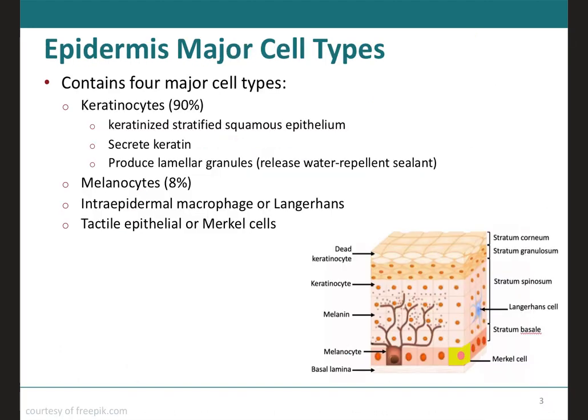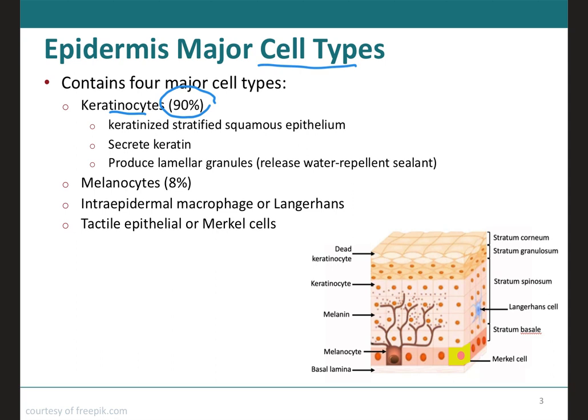In the previous slide, we talked about the different cell layers, and here we are going to talk about the major cell types. We did talk a lot about keratinocytes, which mainly constitute the epidermis. So 90% of the cells present in the epidermis are keratinocytes.